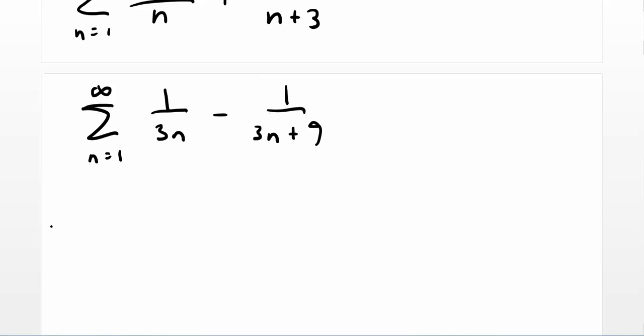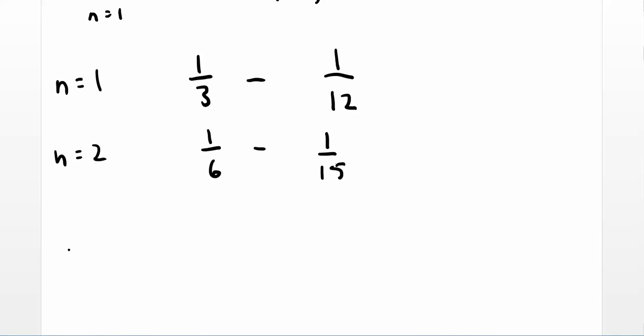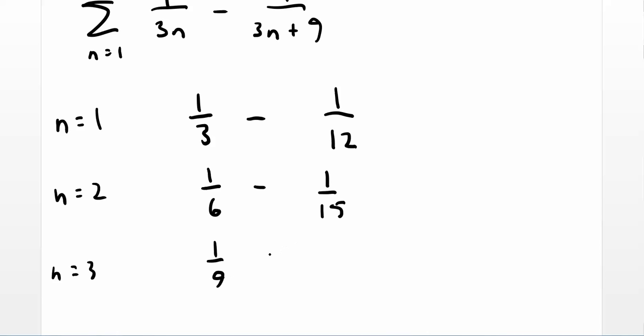Okay, now I'm just going to write out a few terms until I see what's happening. For n equals 1, I'm going to have 1 over 3 minus 1 over, I'm going to plug n equals 1 in here, I get 1 over 12. Okay, n equals 2. I'm going to have 1 over 6 minus 1 over 6 plus 9 is 15. N equals 3. I'm going to get 1 over 9 minus 1 over 18.